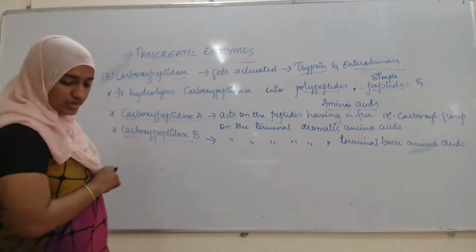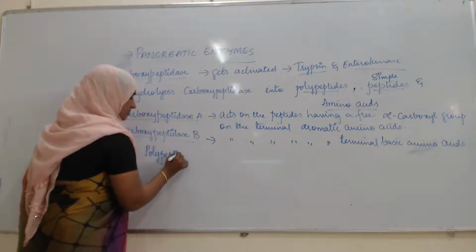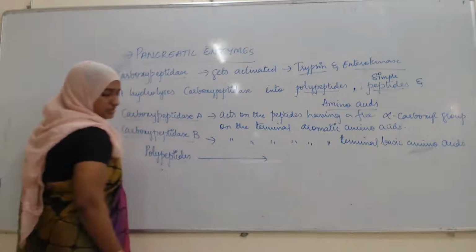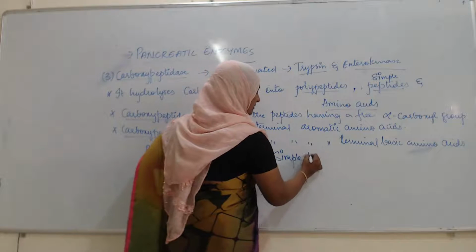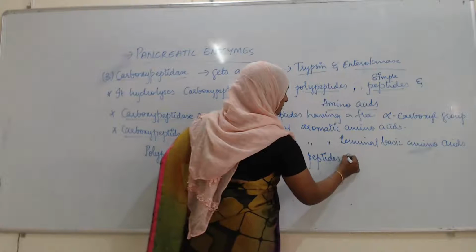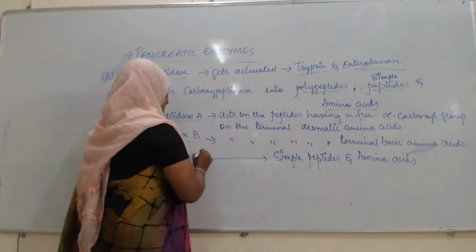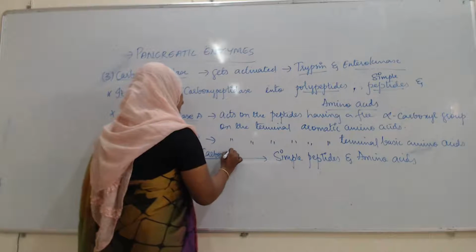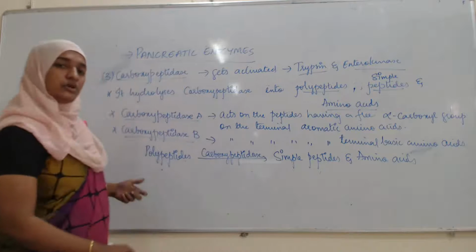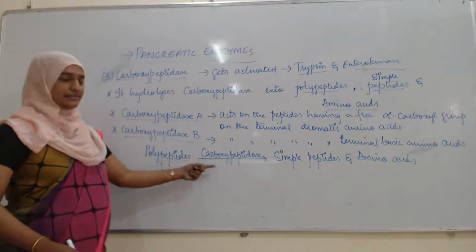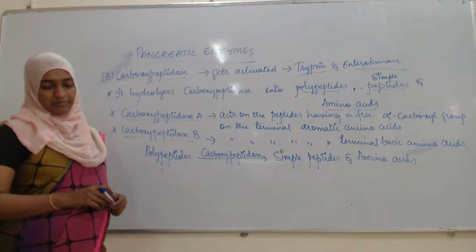Polypeptides get converted into simple peptides and amino acids in the presence of the enzyme carboxypeptidase.